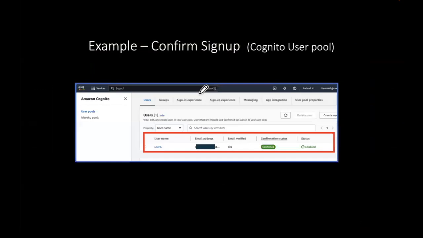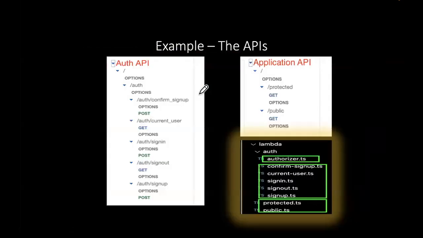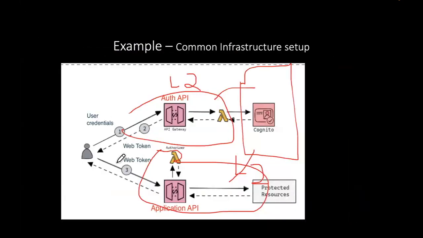If I go back to here, I have my JWT token now after logging in, and I need to send requests down to this API, but I need to include the token. I've arbitrarily decided to include the token as a cookie. So this Lambda here has to extract the JWT token from the cookies that were included in the original request and then pass the token to Cognito for verification.